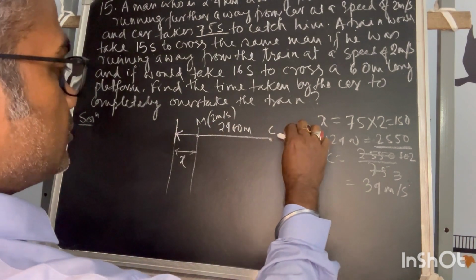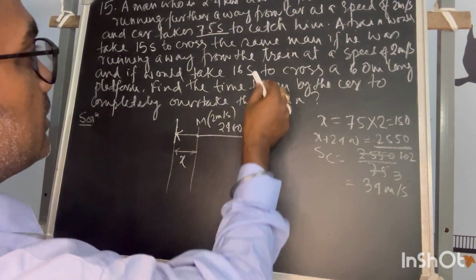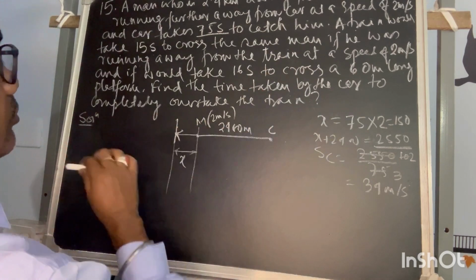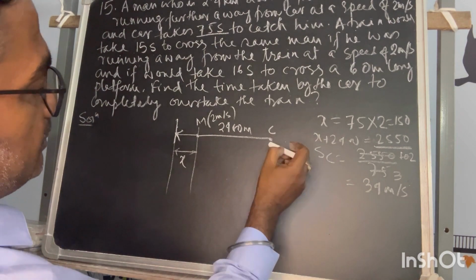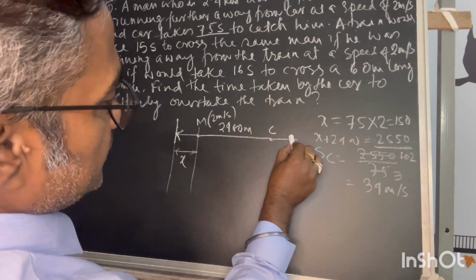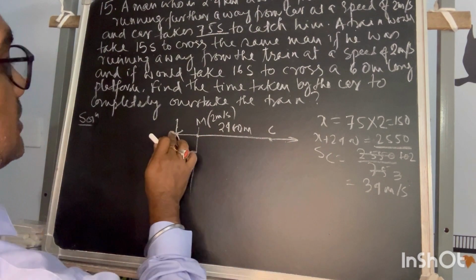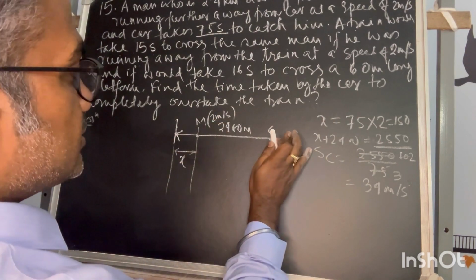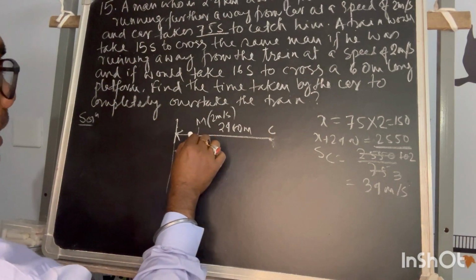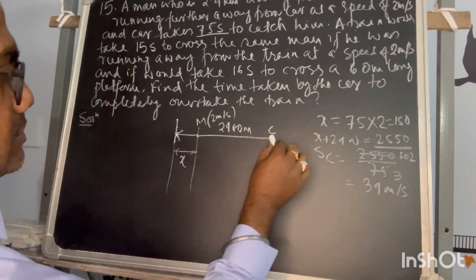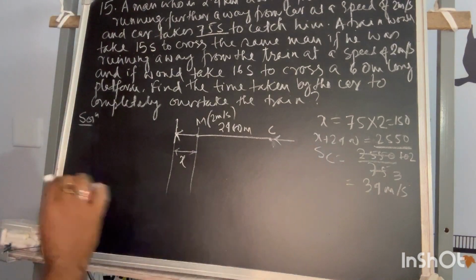If the train is also moving this way and he is moving this way, then the train will never cross the person because the distance will keep increasing. When can the train cross the man? The man's direction I already know, it is away, so the train must move in this direction only, otherwise there is no possibility of the train catching the person.